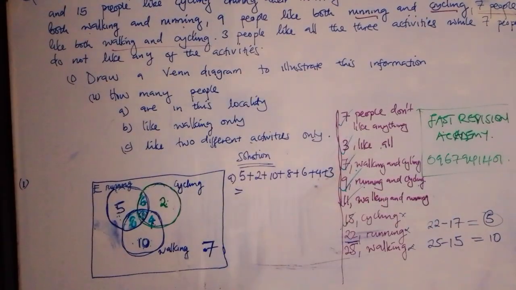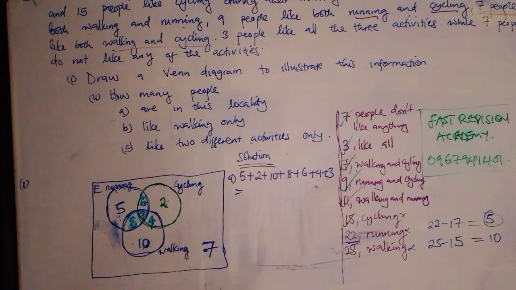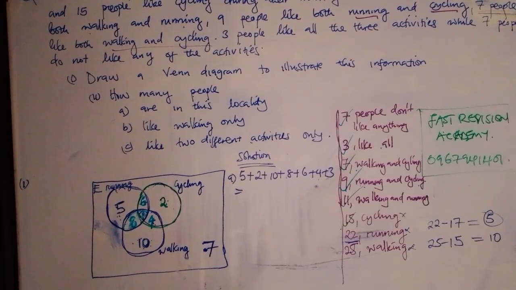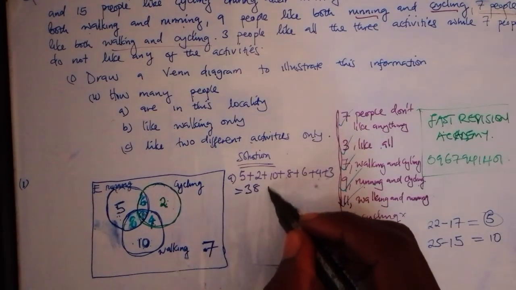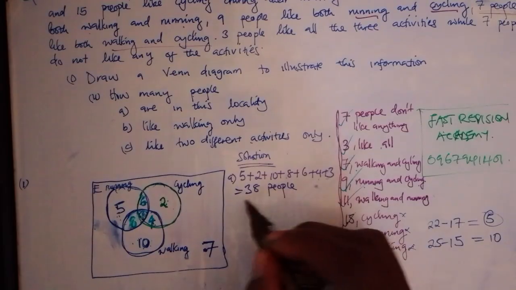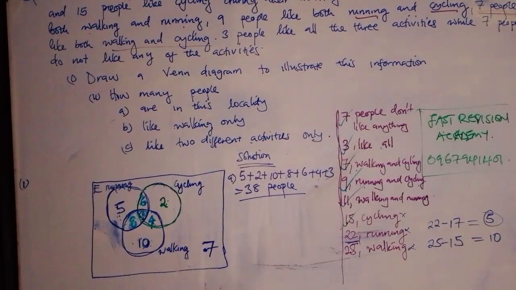So once you add all these numbers, what number are you getting? So 5 plus 2 plus 10 plus 8 plus 6 plus 4 plus 3. We have 38 people.